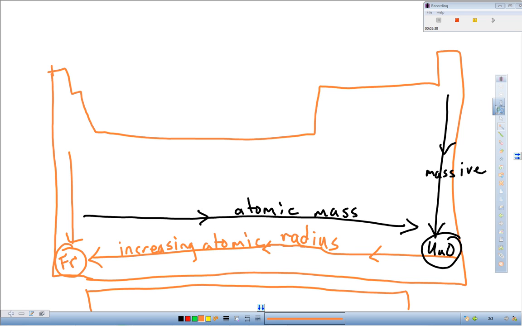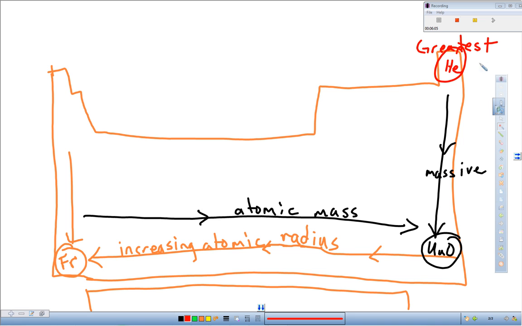Who has the best electrostatic connection between their protons and electrons? Helium. So we're going to draw a circle here around helium. Helium, that little buggy right there, has the greatest ionization energy.